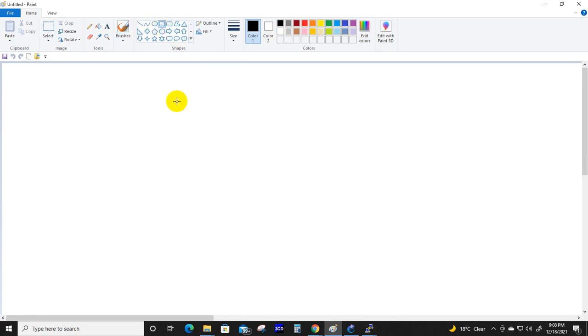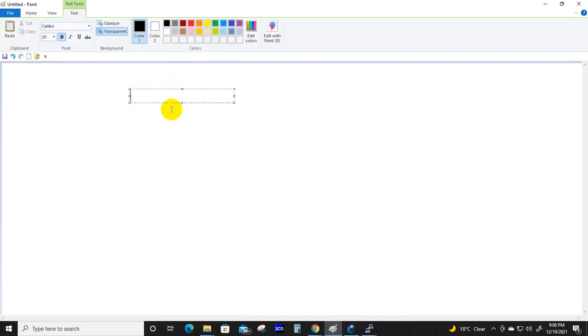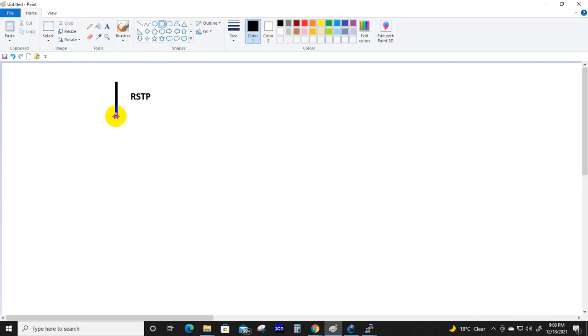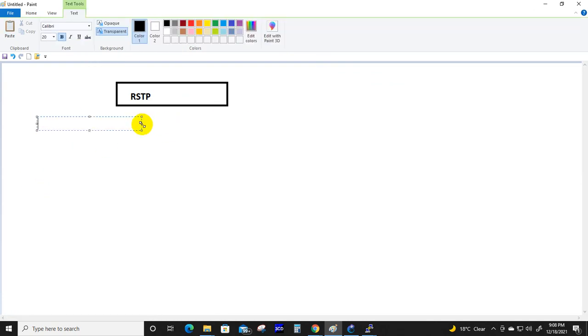So today we'll start RSTP. First of all, RSTP stands for Rapid Spanning Tree Protocol.